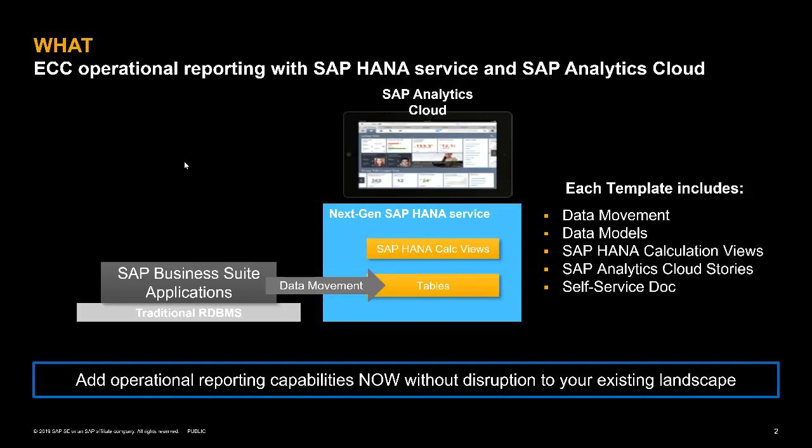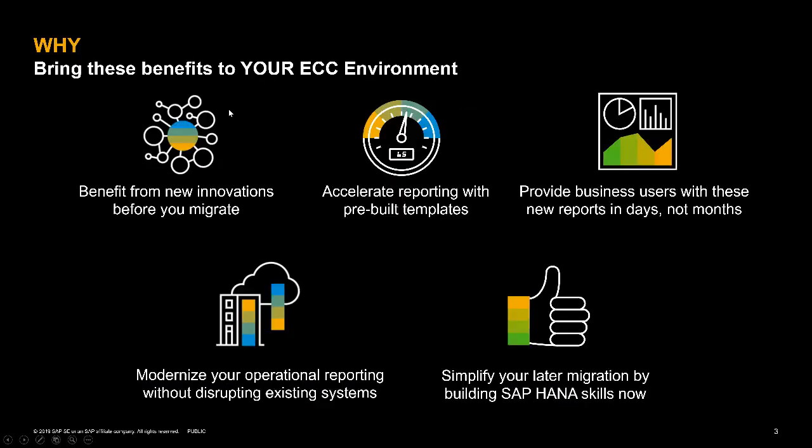So you can easily take SAP Business Suite information, bring it into HANA, and then do live reporting using SAP Analytics Cloud. Each template includes data movement, data models, HANA calculation views, SAP Analytics Cloud stories, as well as all of the supporting documentation. So you can add operational reporting capabilities now without any disruption to your existing landscape.